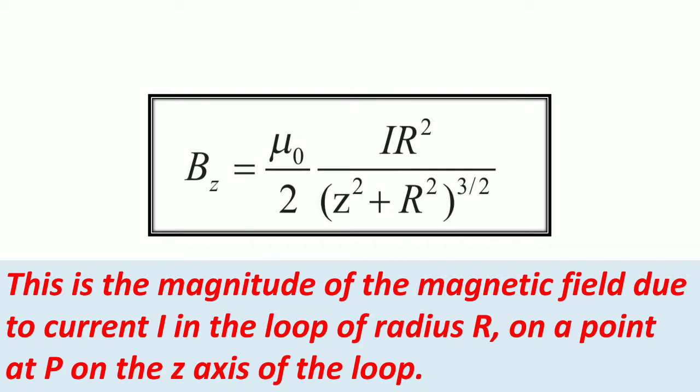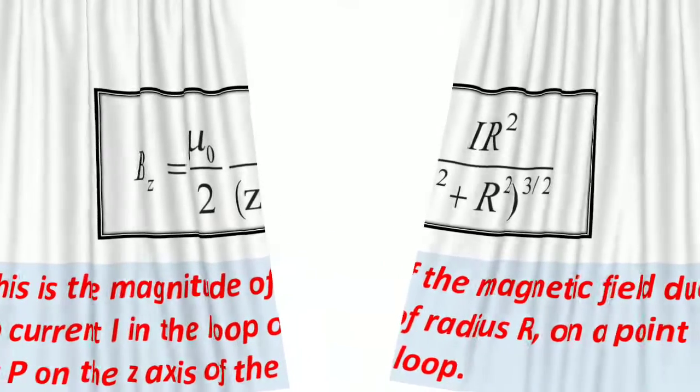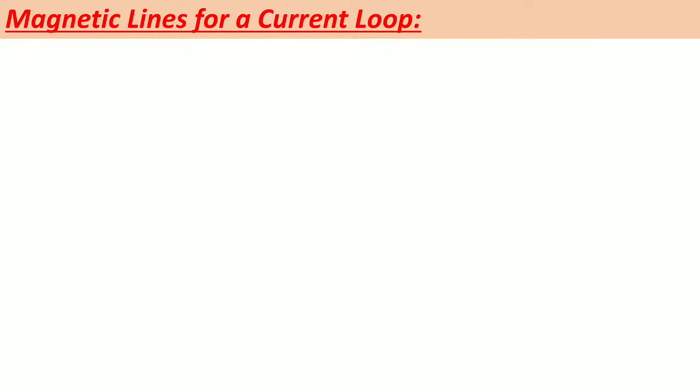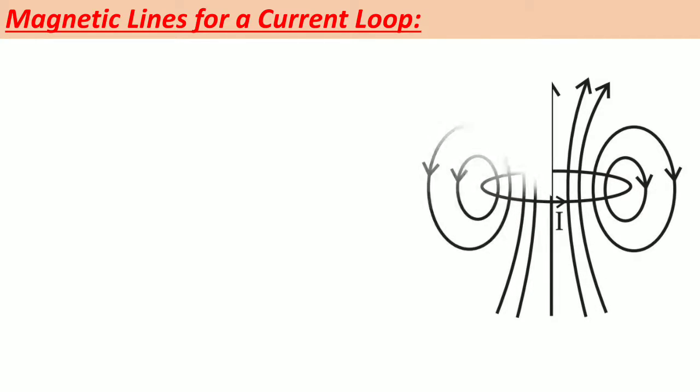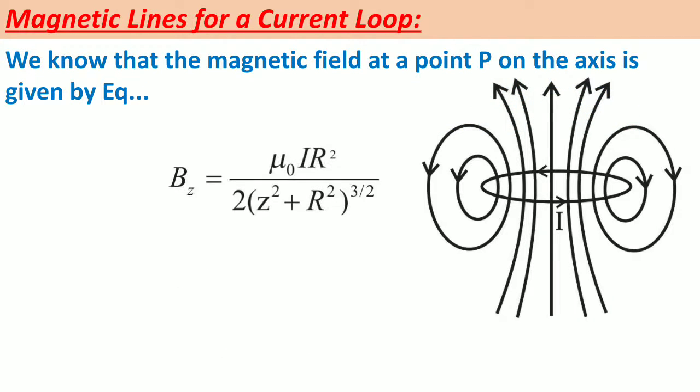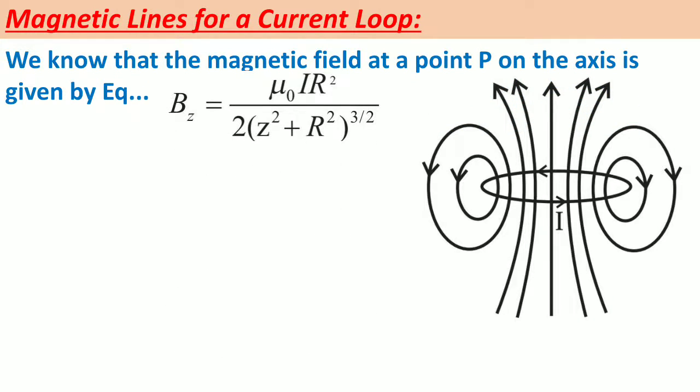Now, the topic that we have today is the magnetic lines for a current loop. As we know, the magnetic field at a point P on the axis is given by the equation Bz is equal to mu naught I r square upon 2 (z square plus r square) raised to 3 by 2.